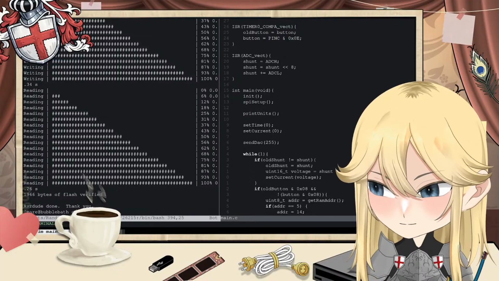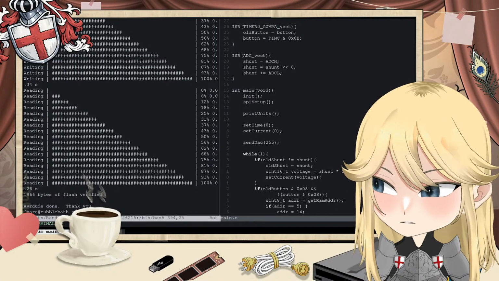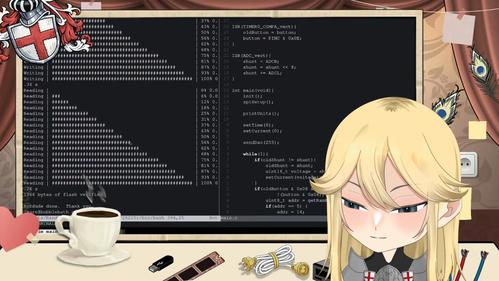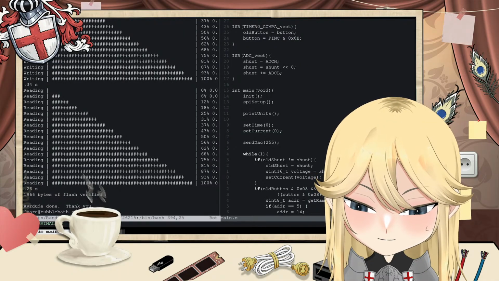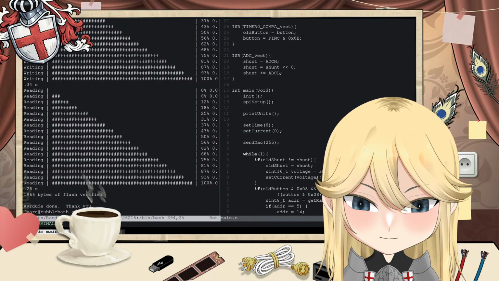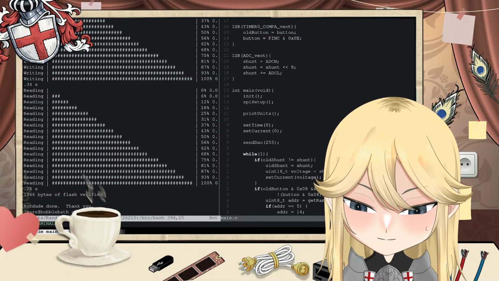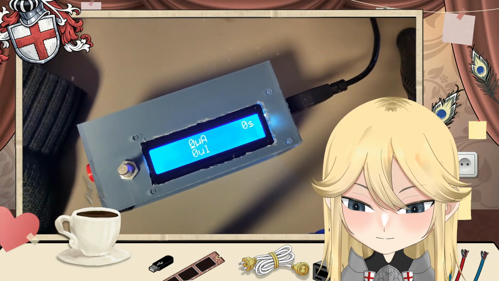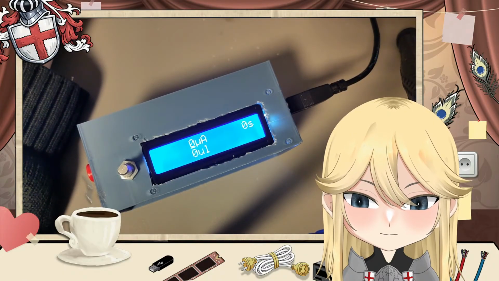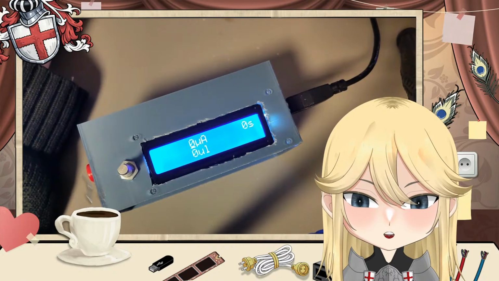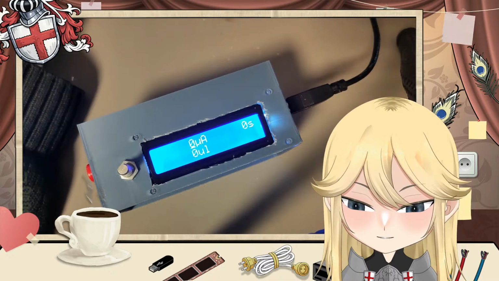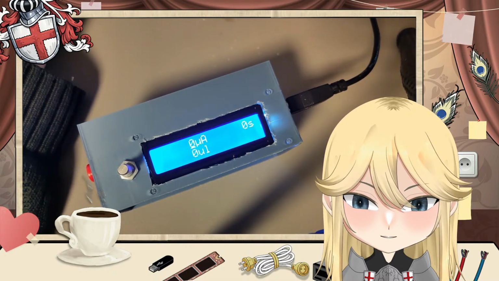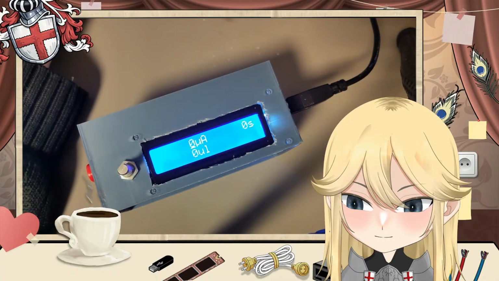Okay, we are getting a lot of zeros. Oh, nothing is happening. Let's switch to the camera. Oh, you know what happens? We are not actually setting up the ADC.